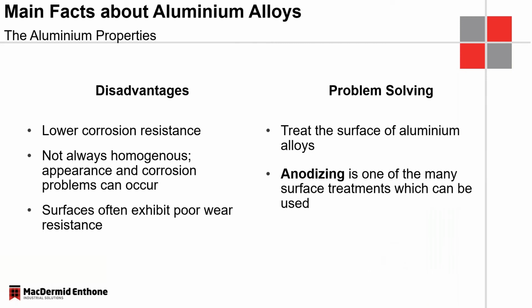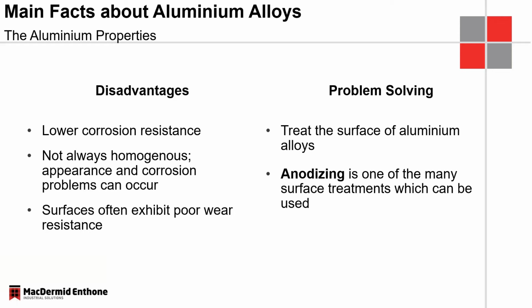So when we use aluminum alloys and alloying materials, there are some disadvantages, and the main disadvantage really is that by alloying aluminum, we lower the corrosion resistance, or its natural corrosion resistance.